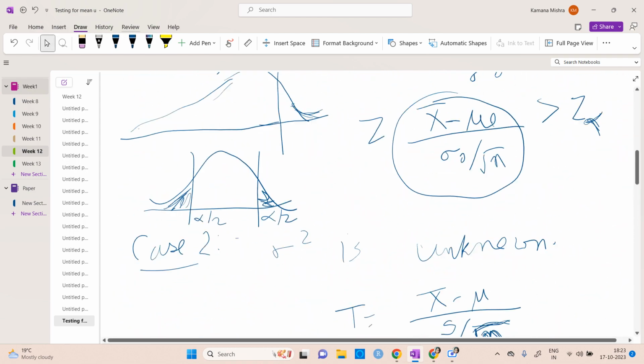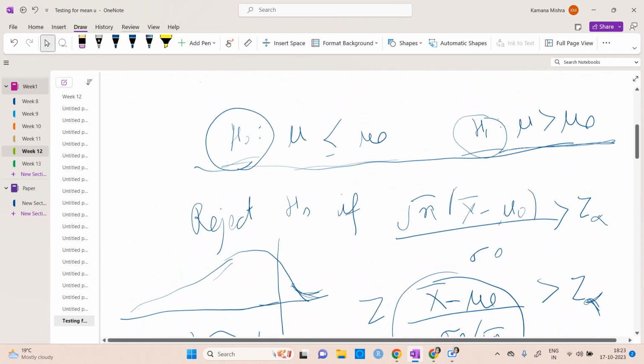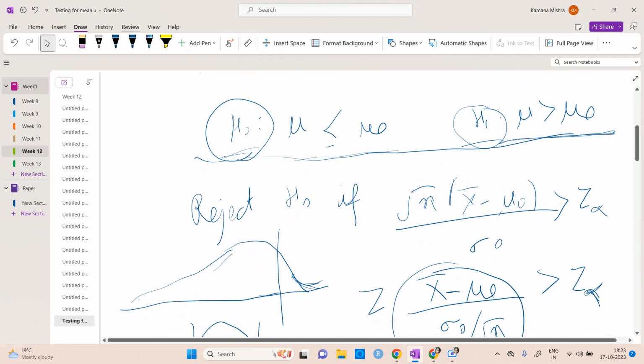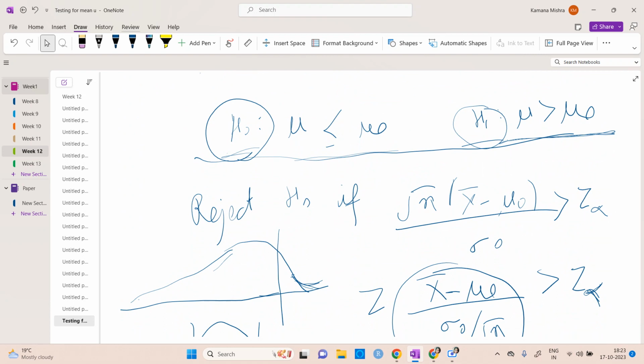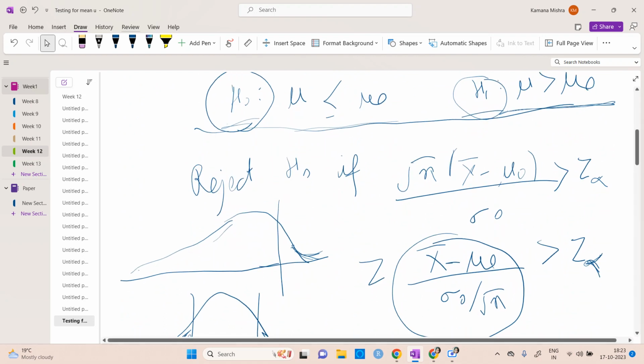So if you have x bar minus mu, what happens is that you will take p minus p naught. Here p naught is the proportion, because both are means, and in the denominator it will be pq divided by n.